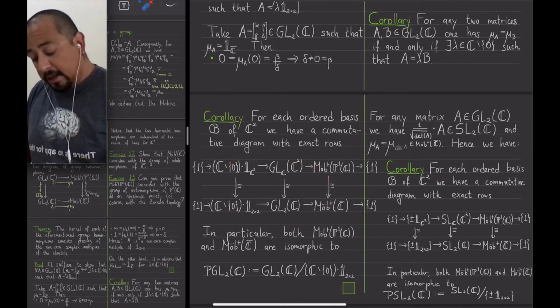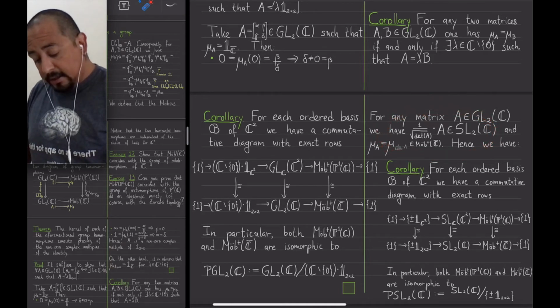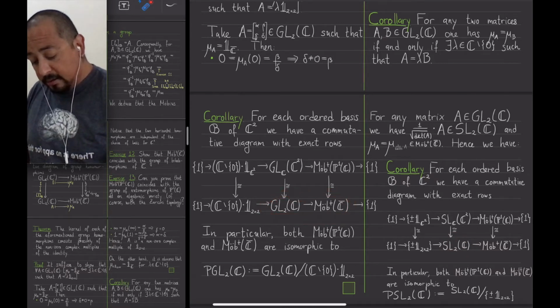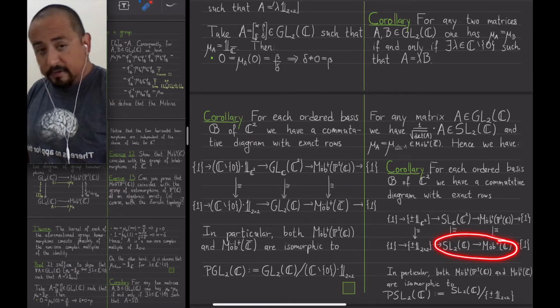What I've just done here is to show that if I restrict this homomorphism to SL2C, the group of matrices with complex entries and determinant 1, where again to any matrix I associate its Möbius transformation, what I see is that this is still surjective.